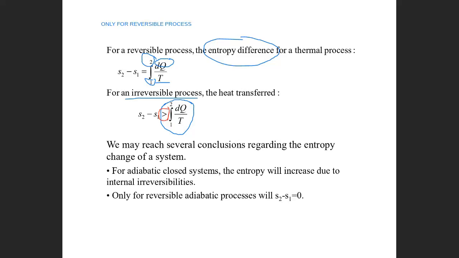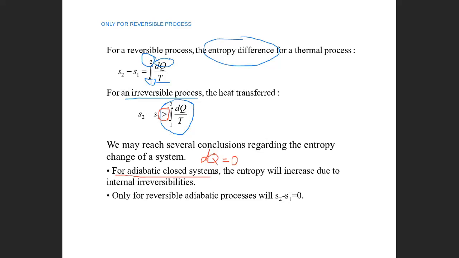So we may reach the following conclusions regarding the entropy change of a system. For an adiabatic closed system, adiabatic means the heat flow is zero. So the entropy will increase due to the internal irreversibilities.